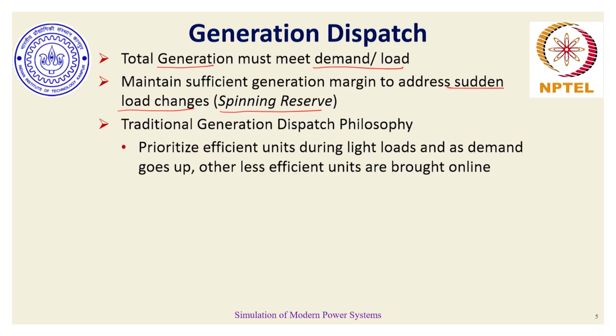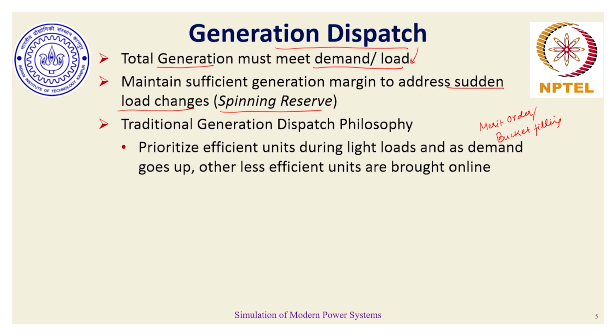So in terms of the dispatch, while ensuring that generation should meet the demand or load, what is the conventional thought process behind dispatching of these different generators? The conventional thought process, which is also called the merit order approach in some literature, or the bucket filling approach in some literature.